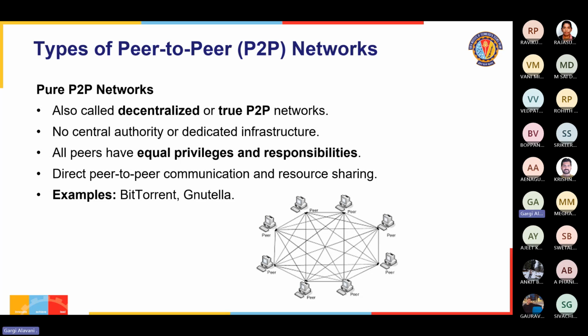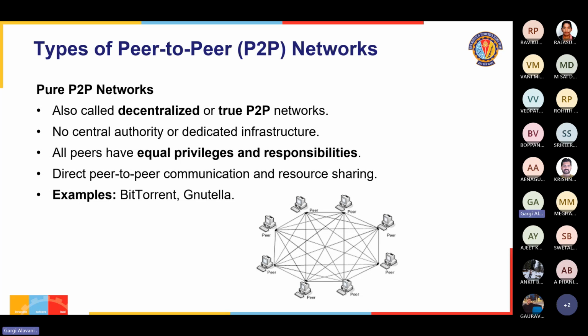There is no central authority here. Every node in the network is equal. Each peer both requests and provides resources, and communication happens directly between the peers. Because there is no centralized component, these networks are highly resilient and scalable. Even if many peers leave or fail, the system continues to operate.